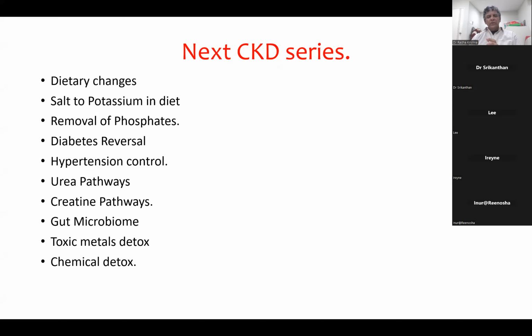So other important factors in the subsequent series of CKD will be what are the dietary changes we need to do? What are the salts you need to convert to potassium salts? Then we also learn how to remove phosphates, which is a problem in CKD. Then diabetes, being the main key factor causing renal diseases, is the first thing that we need to reverse, not hypertension.